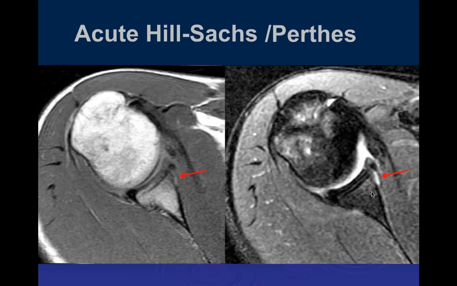And then after that, Bankart in 1909 actually described injuries to the labrum. So Perthes is kind of a little confusing. You're better off using Bankart and then describe it. Good. Okay.